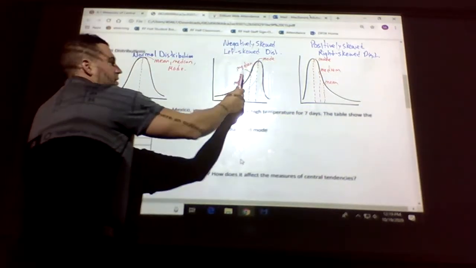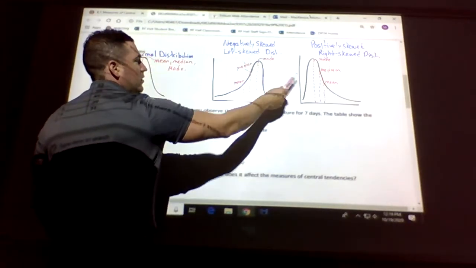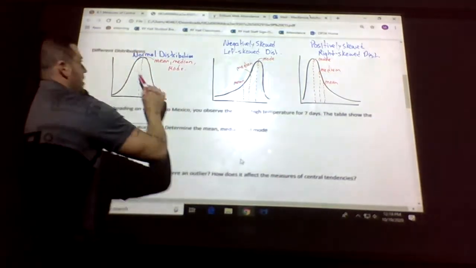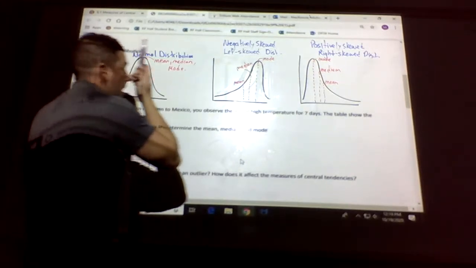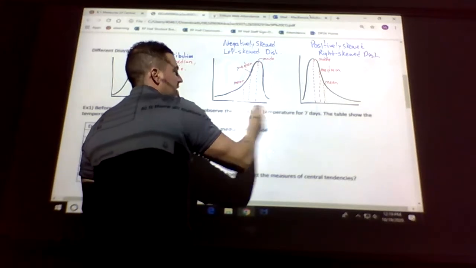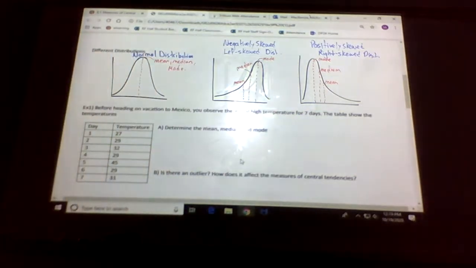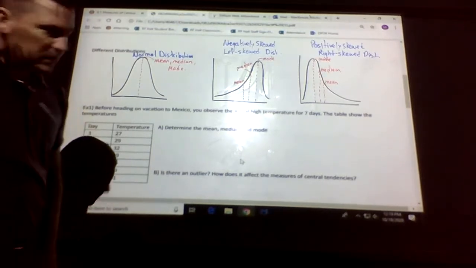So the median is always in between the mean and mode for left and right skewed. In normal, they're all the same spot. The mode is always at the highest point, and then our average is always the last, either more to the left or more to the right.